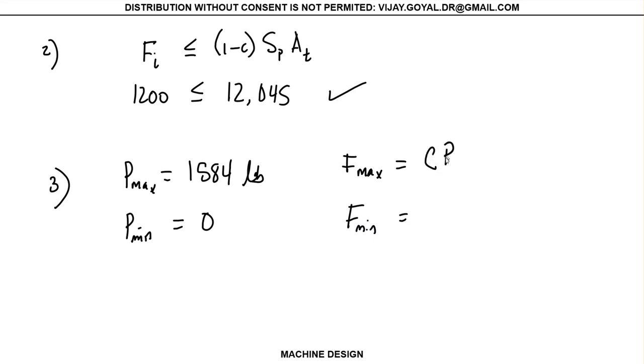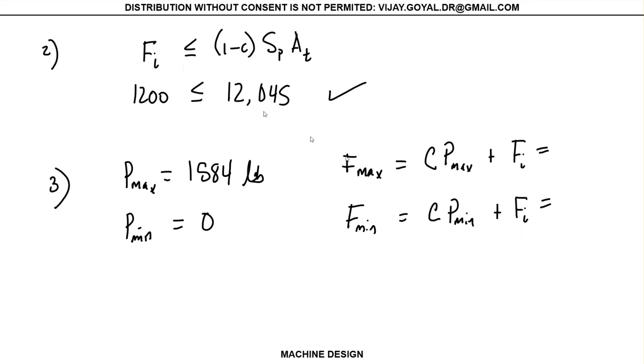This is C times P max plus your preloading, and P minimum plus your preloading, and you can see this is 0.